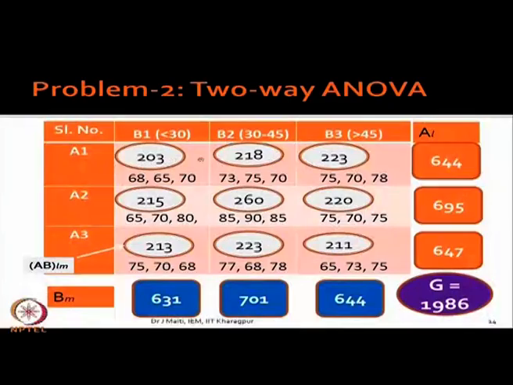So, you can see that 203, 218, 223, 215, 260, all those things are the total in each cell. That we are denoting by ABLM. So, AB11, AB12, AB13, like this.